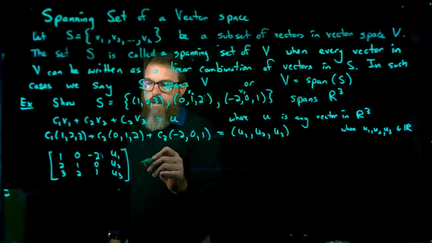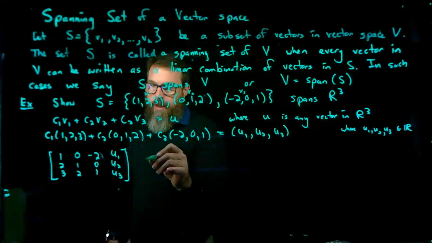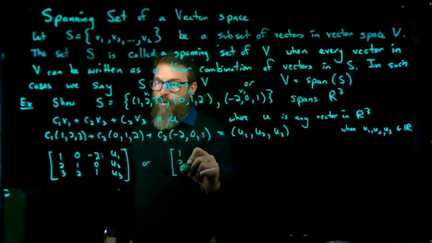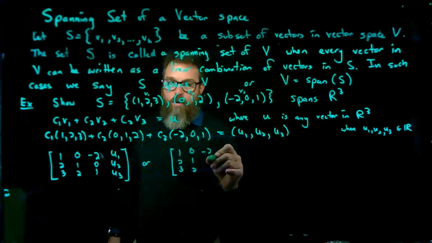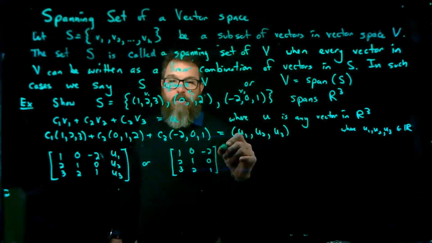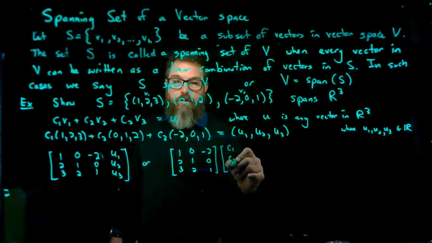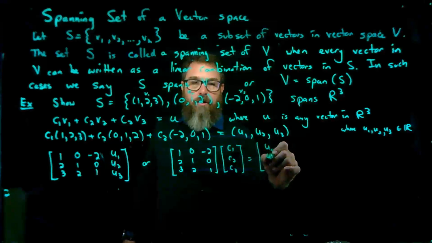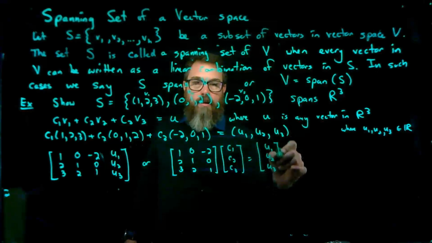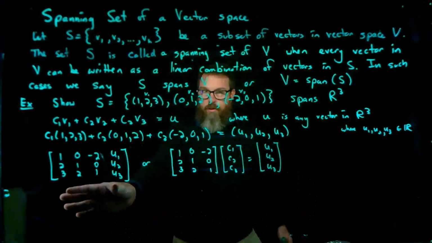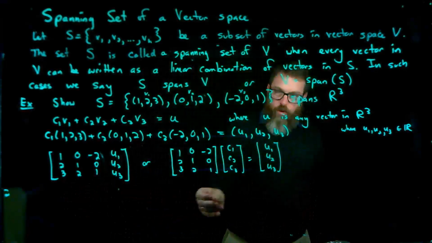So what I'm going to do is write this in matrix multiplication form. I'm saying this in columns because it corresponds to the coefficients of each one of these vectors. And this is going to be equal to, with (c1, c2, c3), equal to (u1, u2, u3). So this and this represent the same thing: augmented matrix form and matrix multiplication form.